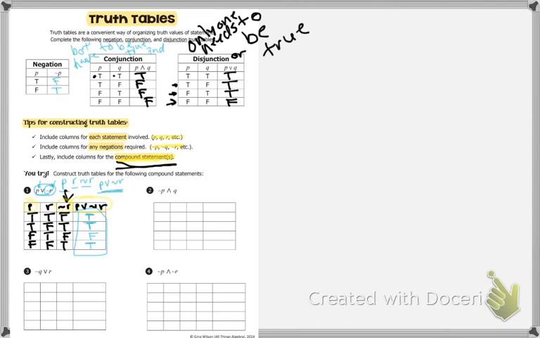Not P and Q. That means we have to designate what statements we are using. Well, for us to have not P, I have to have regular P. We have Q. Then we have not P. And then we have the entire statement or the entire compound.